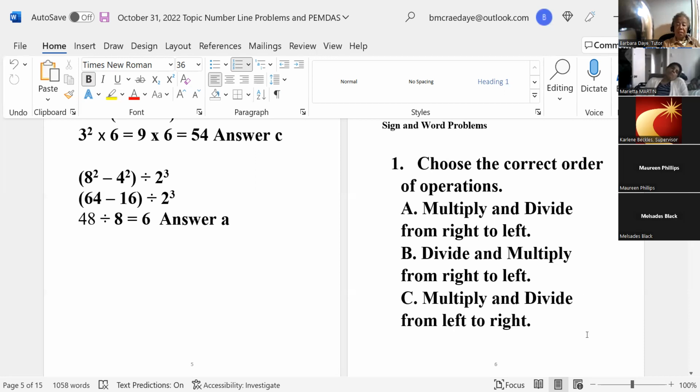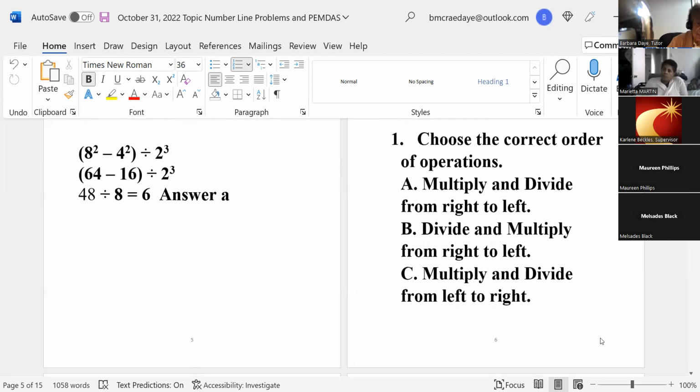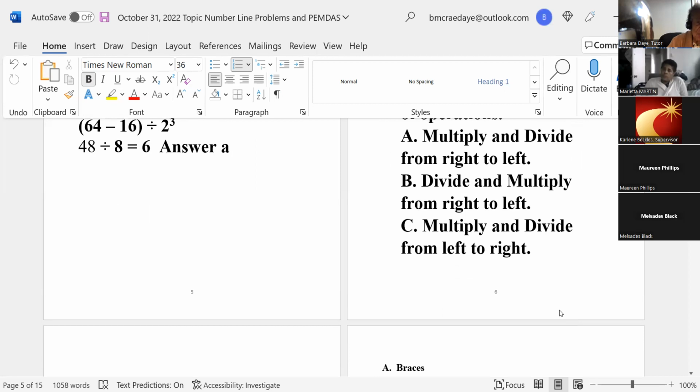Sometimes left to right, division comes first. Okay, I want to make sure you understand that this rule overrides PEMDAS. Same thing for addition and subtraction. Any questions on that? That's a common error made by students.